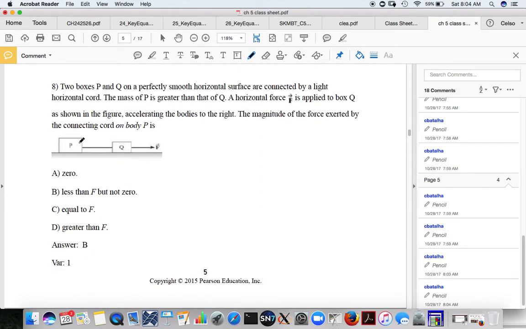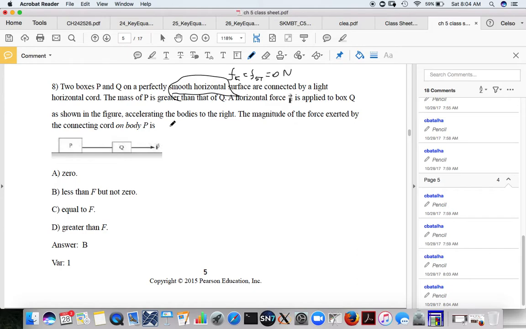Two boxes P and Q on a perfectly smooth surface. What does it mean, smooth? It means frictions are not an issue here, right? There's no friction. They are connected by a light horizontal cord.